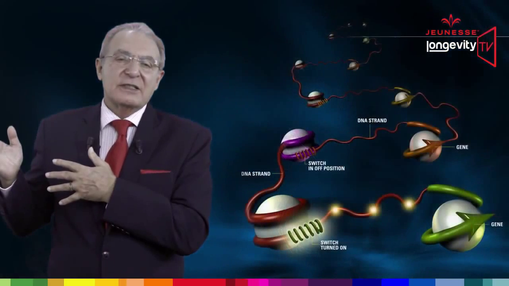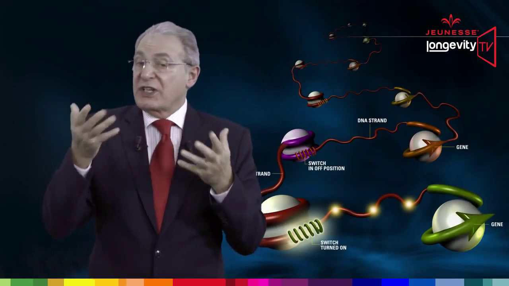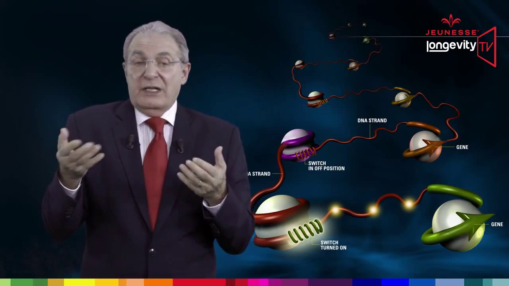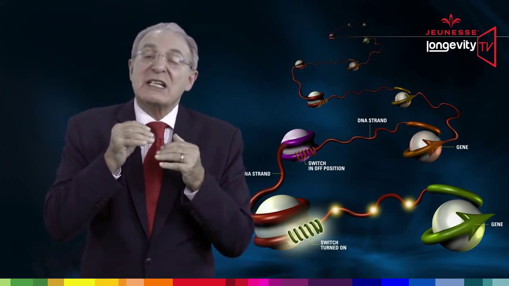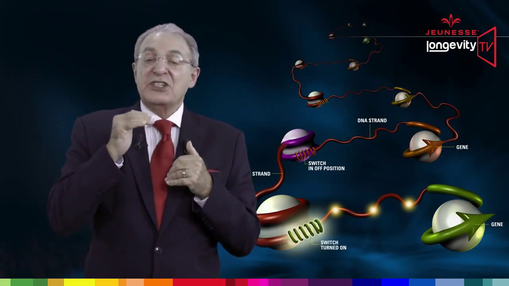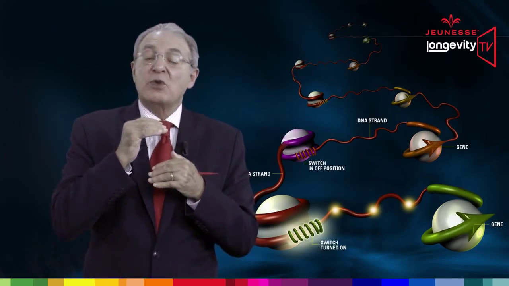So why is it not the same in all the other cells? Elizabeth Blackburn found out that all our cells possess telomerase, but unfortunately it is in a sleeping state. Their gene is repressing it from working. Why? Well, it's still a secret that nature is keeping.